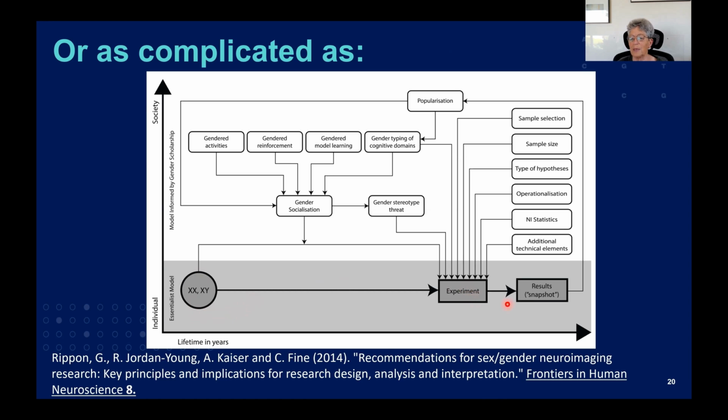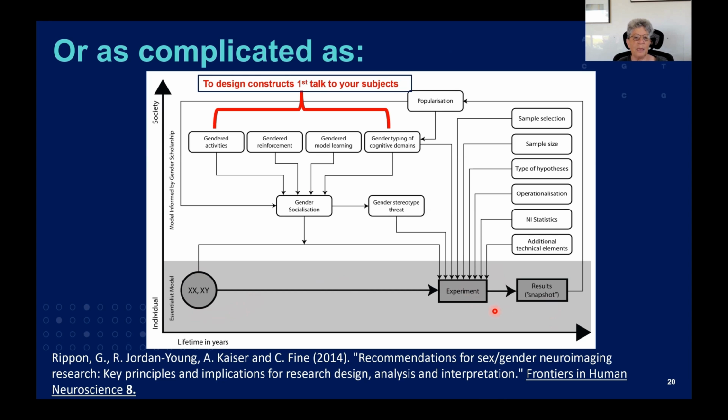And then there's an experiment, and then there's results, which are a snapshot, and which offer a very limited and not really subject-informed account of what often the author then calls sex, or they might call it gender but mean sex. Got to be clear about terms.